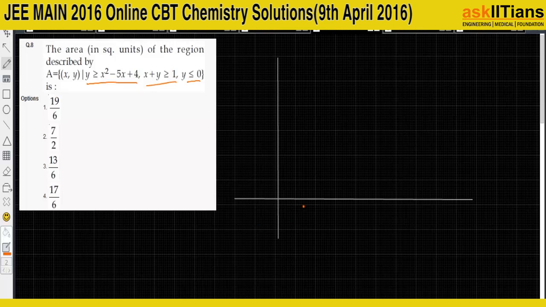So the roots are 1 and 4. One root is here and another root is here. So if these two are the roots, the parabola will be something like this. Okay, this is the nicest parabola that I can draw.